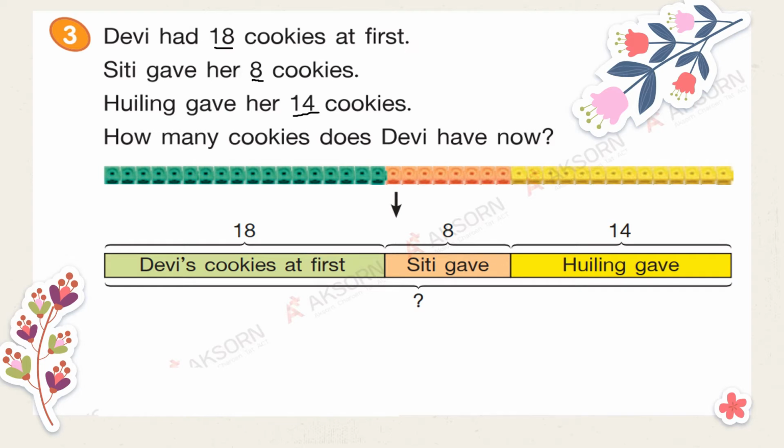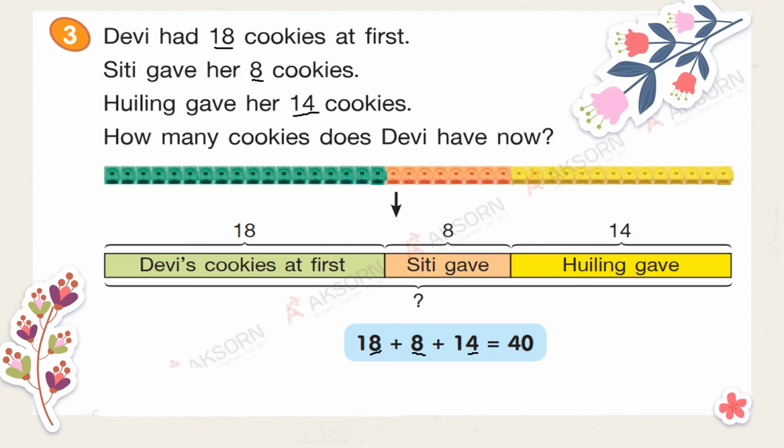So we have color orange for Titi and yellow for Quilling. So we're going to add them all 3. So 18 plus 8 plus 14 is equal to 40. So 8 plus 8 is equal to 16, plus 4 is equal to 20.